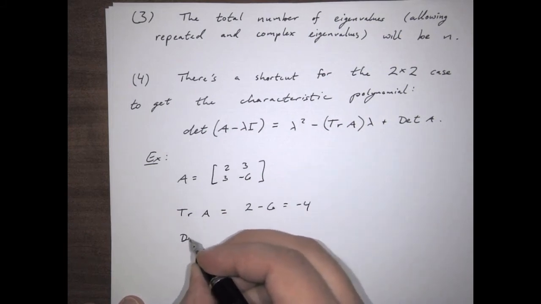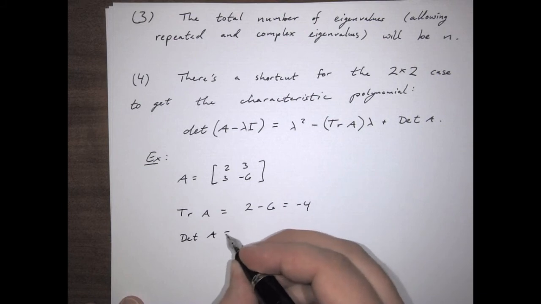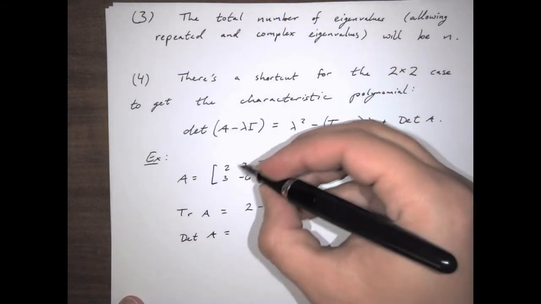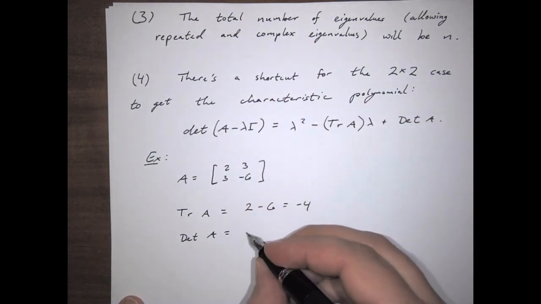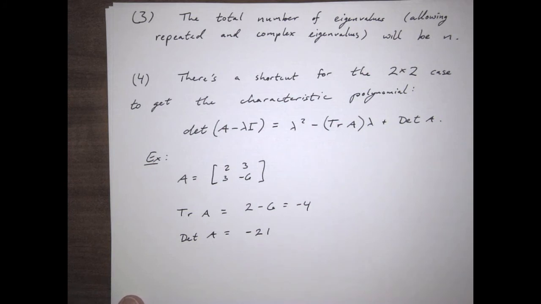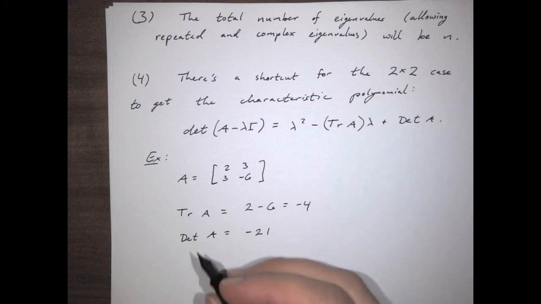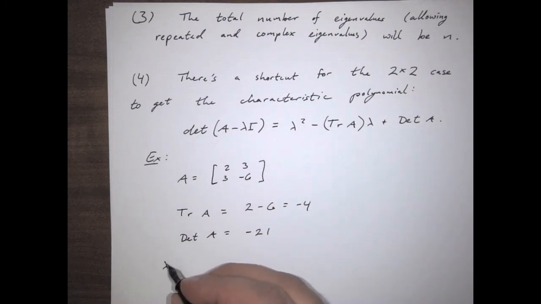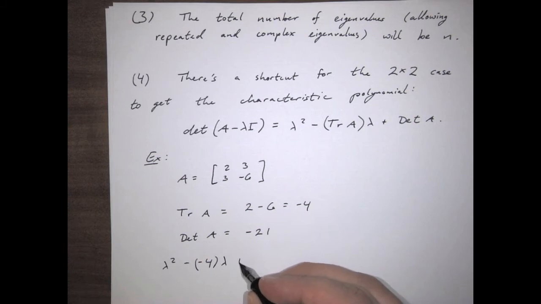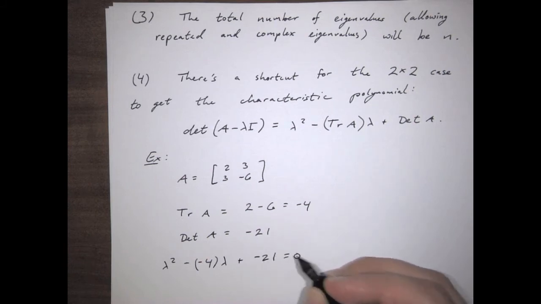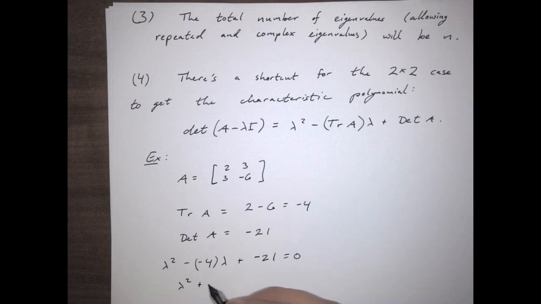As for the determinant of A, 2 times negative 6 is negative 12, minus 9 is negative 21. Then we end up with lambda squared minus trace of A, so minus negative 4 lambda, plus negative 21 equals 0. In other words, lambda squared plus 4 lambda minus 21 equals 0.